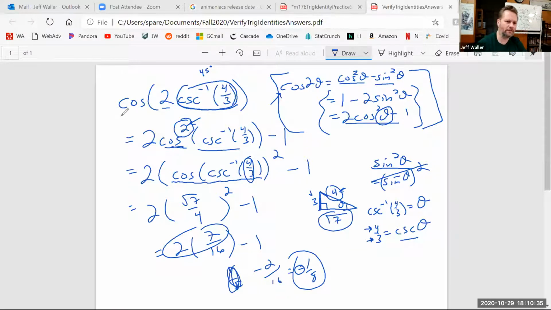I know the answer to this question is negative. What does that mean about the whole angle in here? I know a couple quadrants it's got to be in, right? Can it be in quadrant 1? No, it's probably in quadrant 2. So this piece is bigger than 45 degrees, so that twice this is bigger than 90.